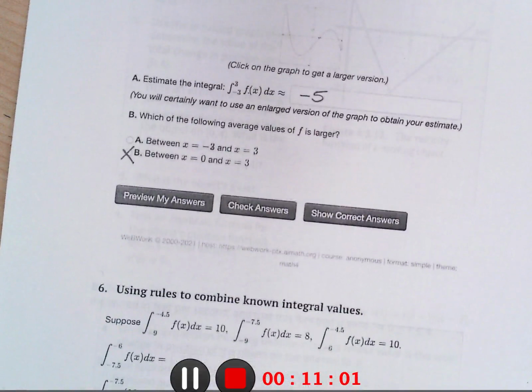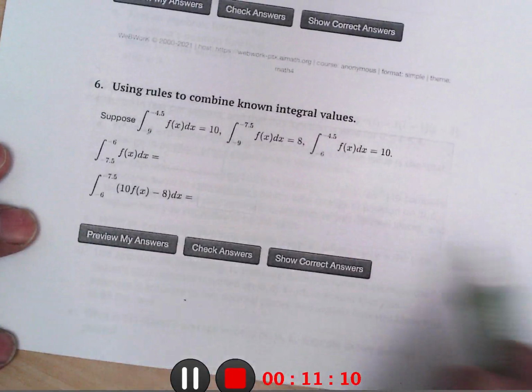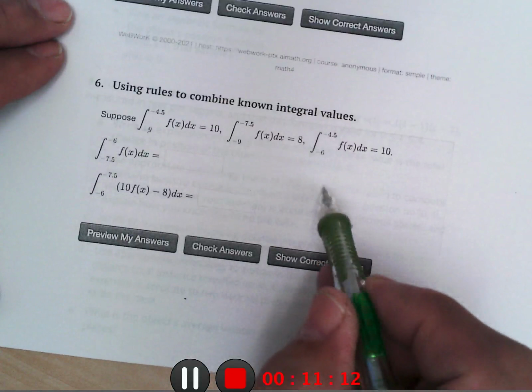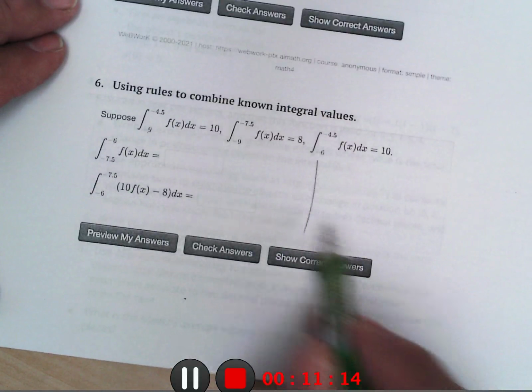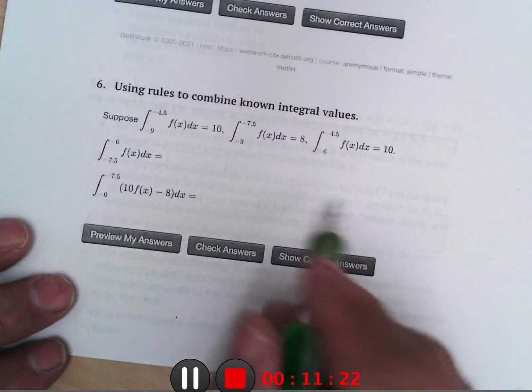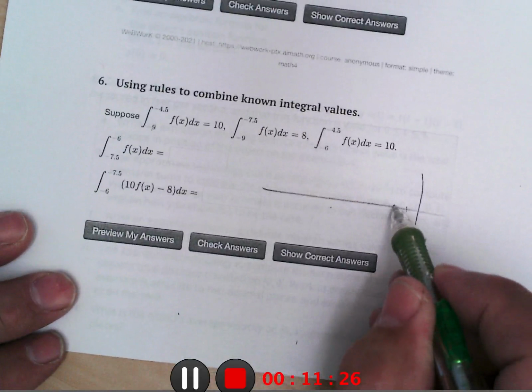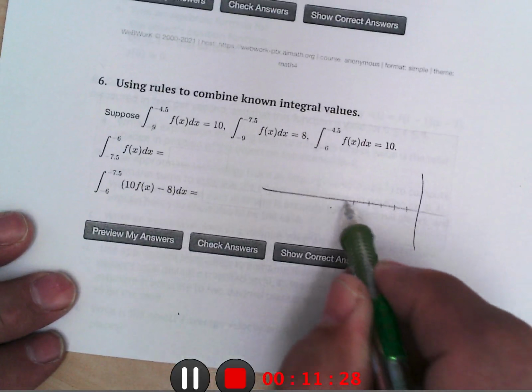Okay, number 6. So I'm going to draw kind of a rough graph here. Gotta be careful here because we're dealing with negative x values, all of these. So over here, let's go 1, 2, 3, 4, 5, 6, 7, 8, 9.